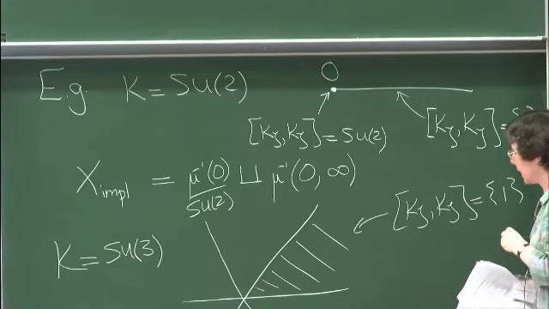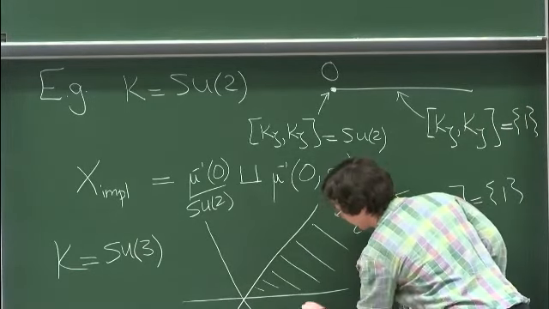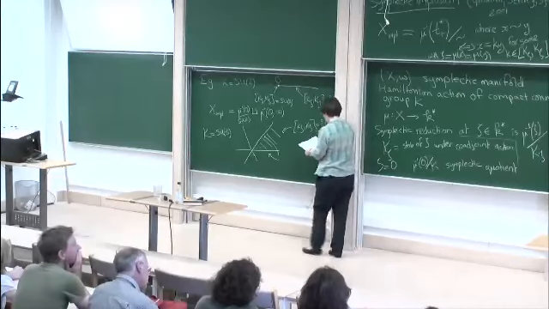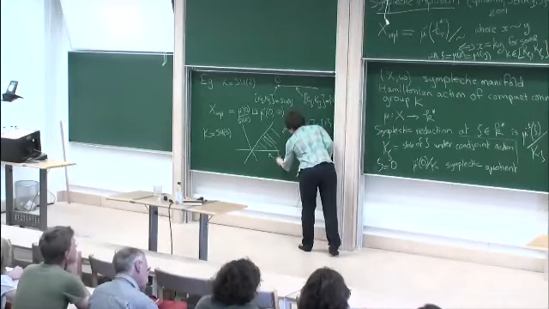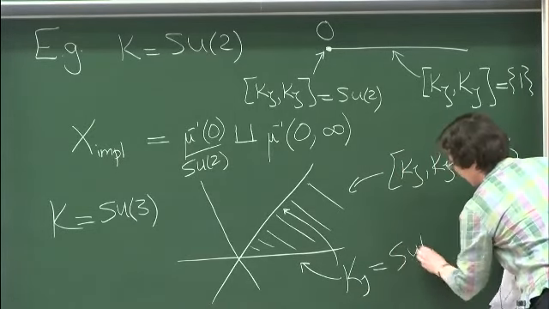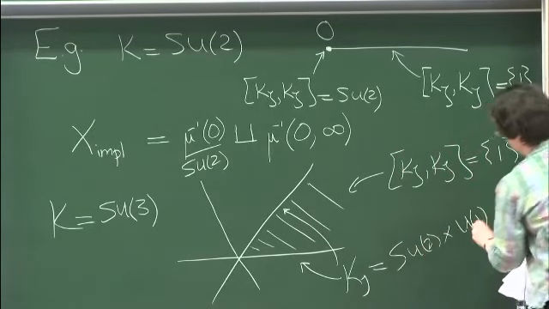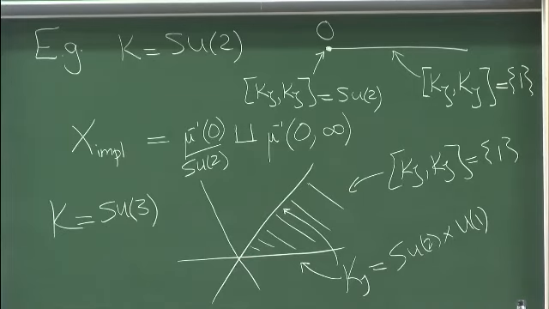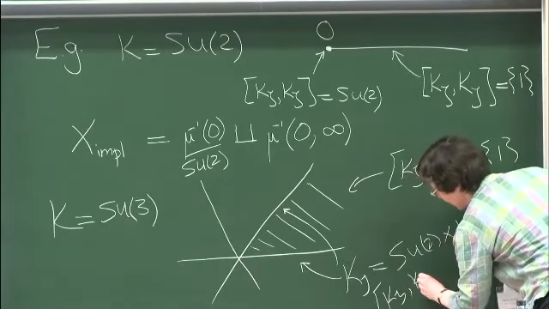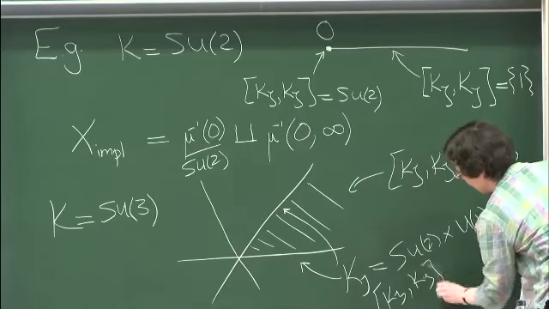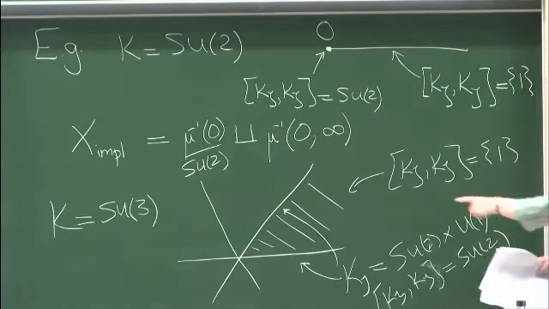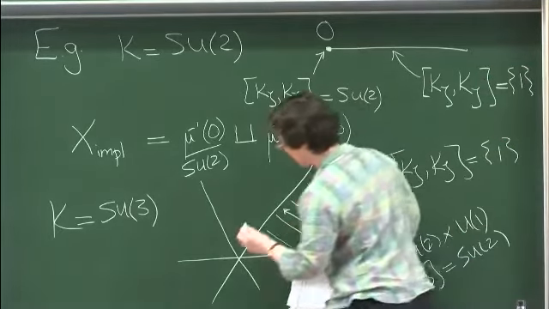If we're on the boundary but not at 0, then here the stabilizer is SU2 cross U1, I guess, and the commutator subgroup that we're collapsing by is just SU2. And at the origin, as before, we're collapsing by the full group.